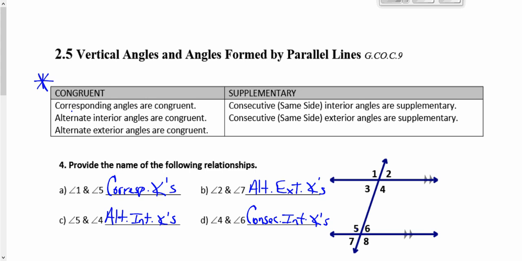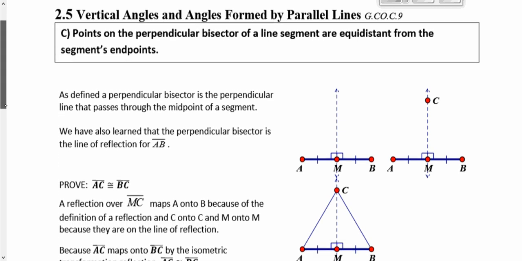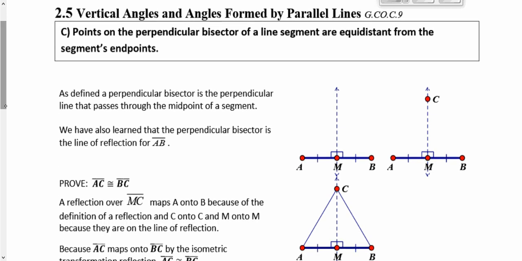All right, let's talk about a slightly different thing then. Top of this page. This is important to know. We might have another proof reason here in certain situations, okay? So points on a perpendicular bisector. Remember what a perpendicular bisector is. What does it do to a segment?